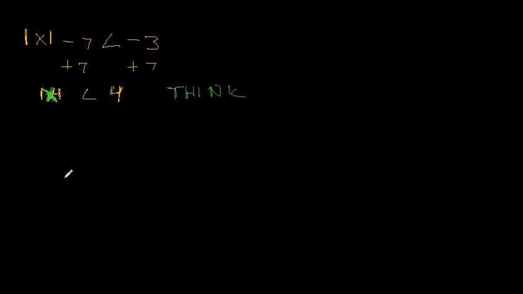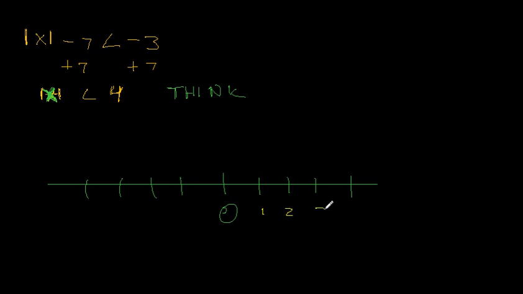So let's draw this up. Got our number line, 0. I've got 1, 2, 3, 4, negative 1, negative 2, negative 3, and also negative 4, and the number line moves in both directions. Let's plot these points.